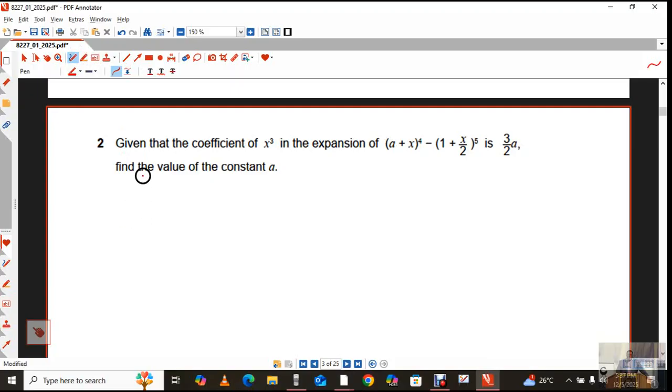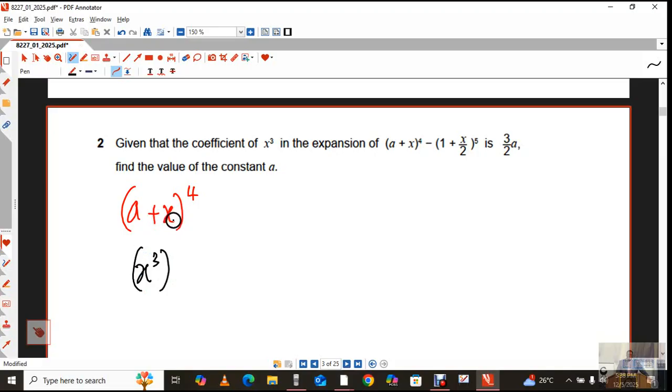Now let me take this (a + x) expansion raised to the power 4. What it means is that this term here should be an x cubed term. That's what it means, right?